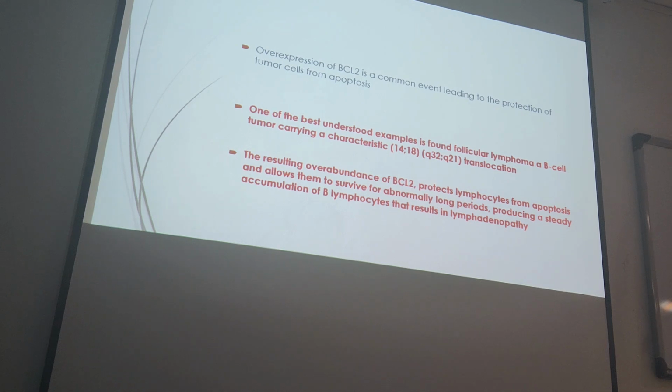This translocation results in overabundance of BCL2, and BCL2 can protect lymphocytes from apoptosis and allow them to survive for abnormally long periods, producing a steady accumulation of B lymphocytes that results in lymphadenopathy.